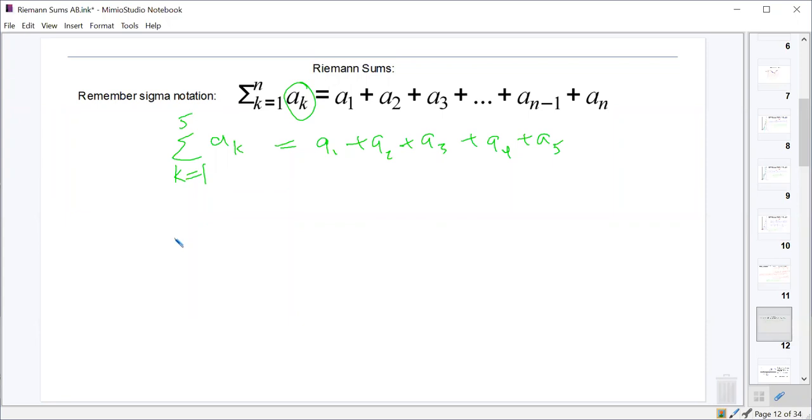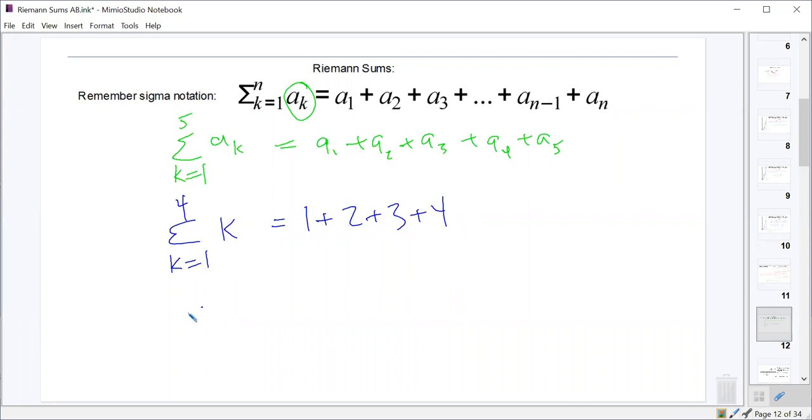Good or no? Good. So far? If I said sum together from k equals 1 to 4 of k, what would that be? Yeah, 4 plus 3 plus 2 plus 1. Starting at 1, we'd write it as 1 plus 2 plus 3 plus 4, right?